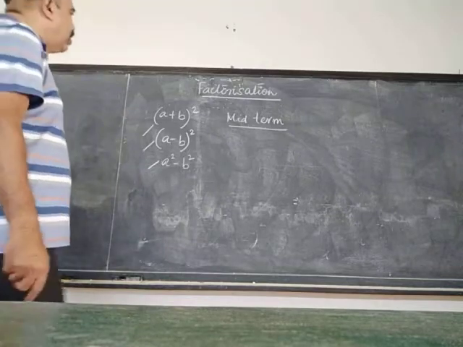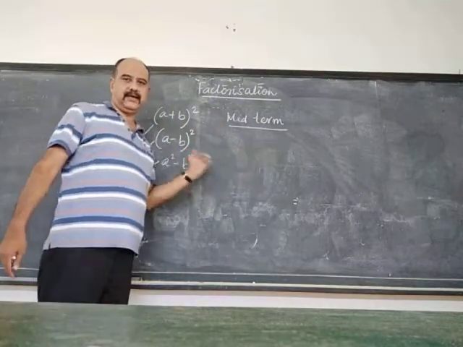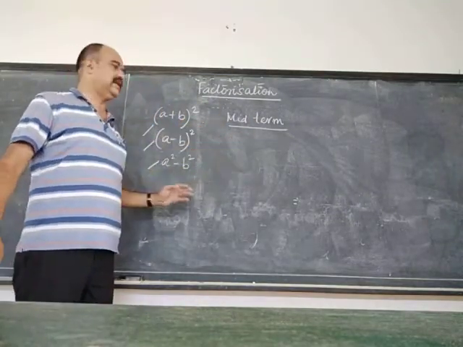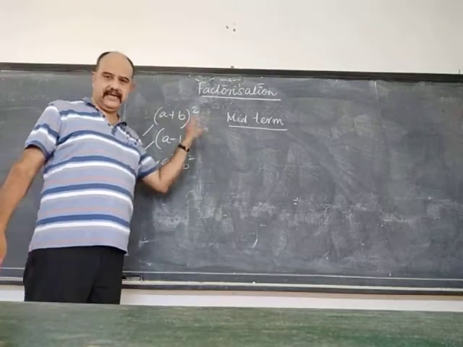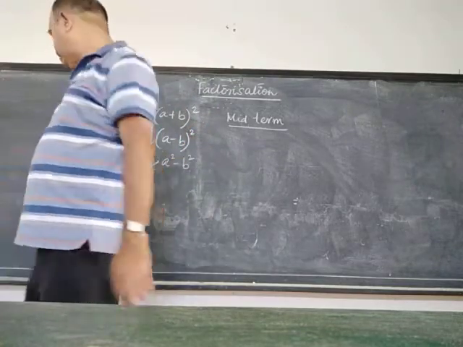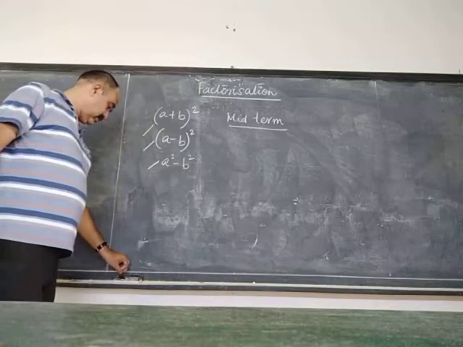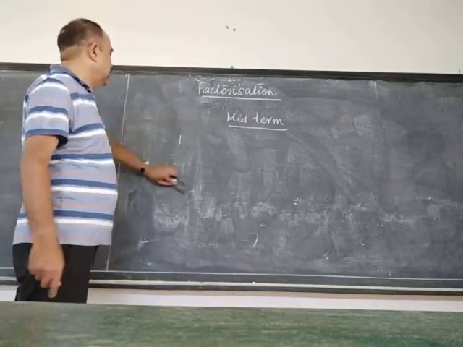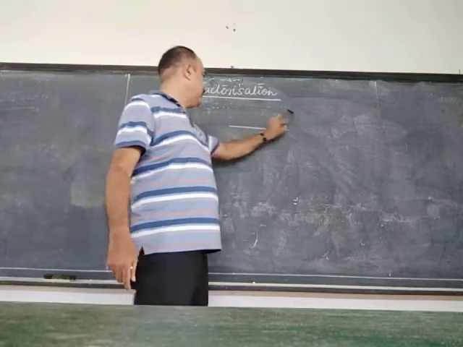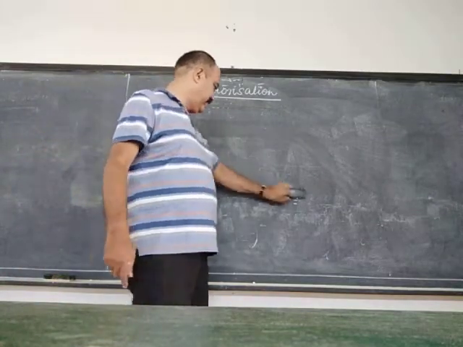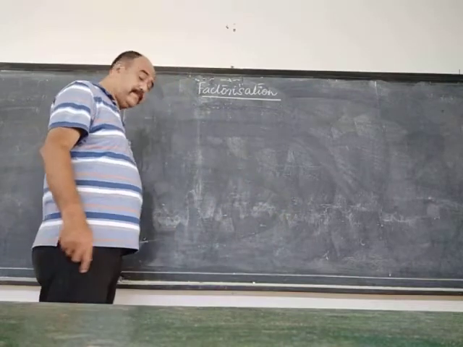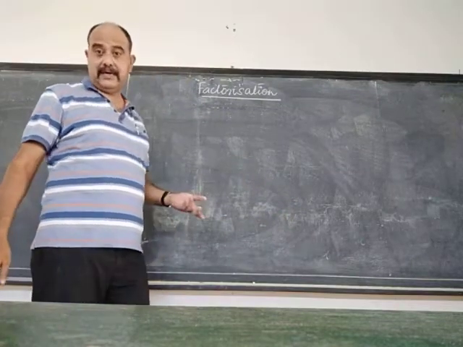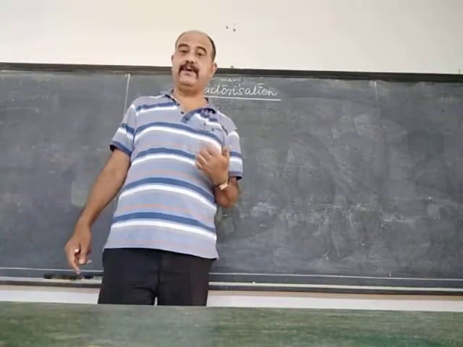Now, taking all these things into account that we have seen in the previous exercise, in this exercise we are going to divide. So there is division in factorization. That means division of monomial by monomial, binomial by binomial, or polynomial by binomial.